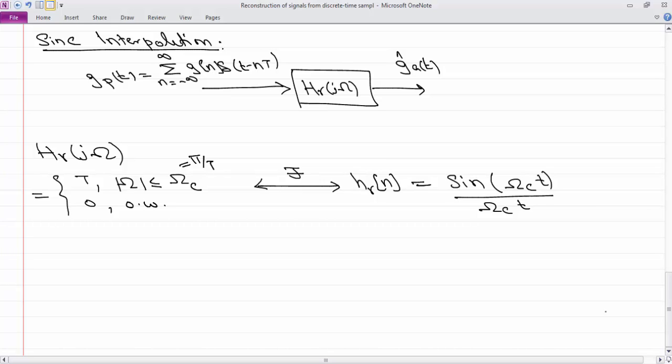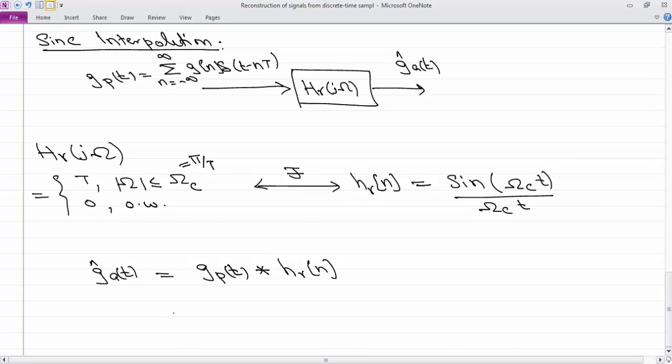We have ĝ(t) that is equal to, so it's the convolution of the input signal with the impulse response of the filter.